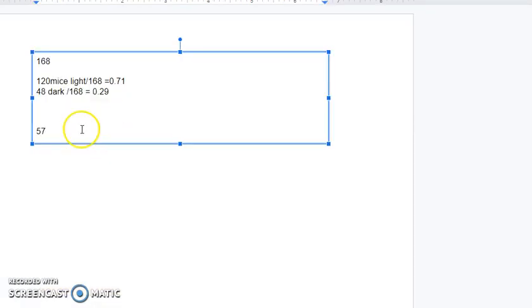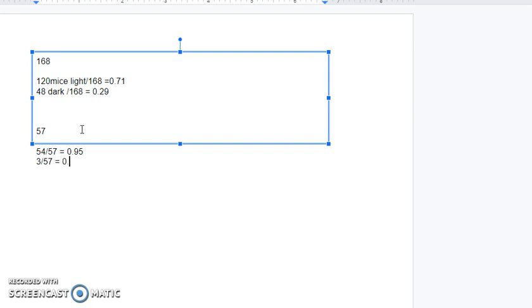So if we look here, 12 plus 42, we see that 54 out of 57 mice caught had the dark phenotype, so that equals about 95% of the mice caught on dark lava had a dark phenotype. The remaining 3, that frequency is about 5%.